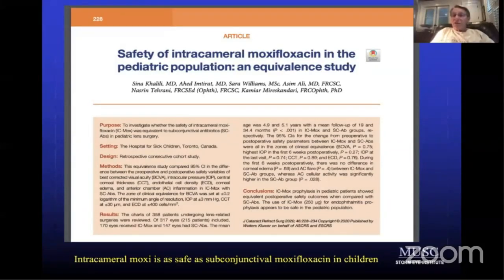We are often in the vitreous, we're higher risk, and I use intracameral moxifloxacin because it doesn't need to be diluted, and that's been my antibiotic of choice. This recent article from 2020 emphasizes the safety of intracameral moxifloxacin, and they find in children that it is as safe as subconjunctival.